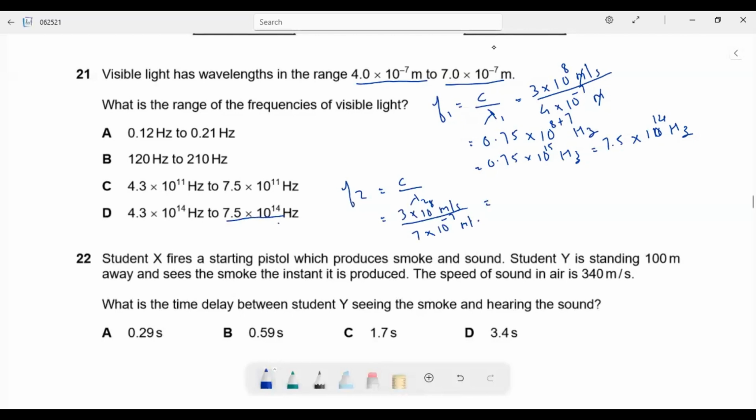So 3 by 7 is 0.43 into 10 raised to 15 hertz. It can be written as 4.3 into 10 raised to 14 hertz. So here it is 4.3 into 10 raised to 14. And the right answer is D.